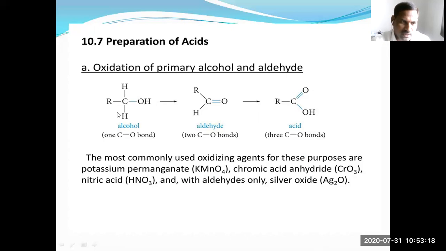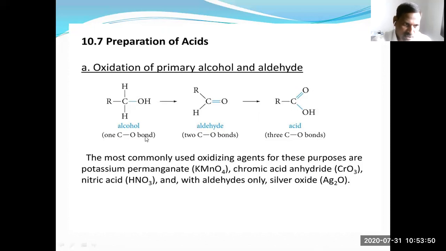It undergoes oxidation with an oxidizing agent like KMnO4, HNO3, CrO3. This primary alcohol gives us aldehyde, and the aldehyde on further oxidation gives us carboxylic acids.